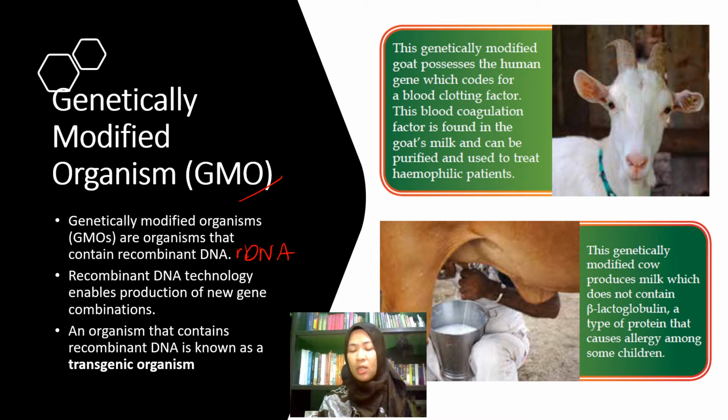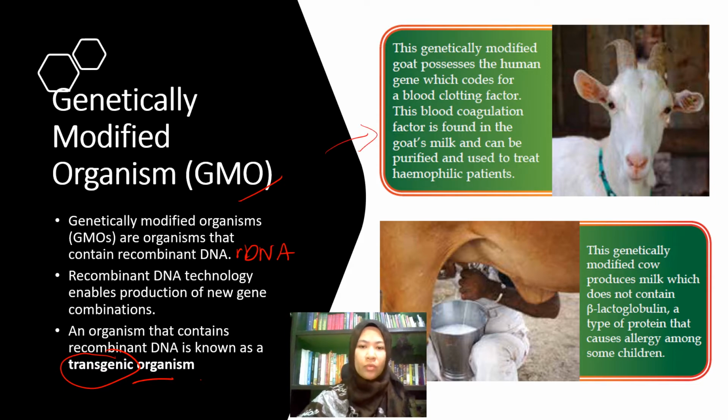Melalui teknologi DNA recombinant ni, saintis boleh combine DNA daripada satu organism dengan organisma yang lain dan menghasilkan recombinant DNA, new gene combination. An organism that contains rDNA is known as a transgenic organism.